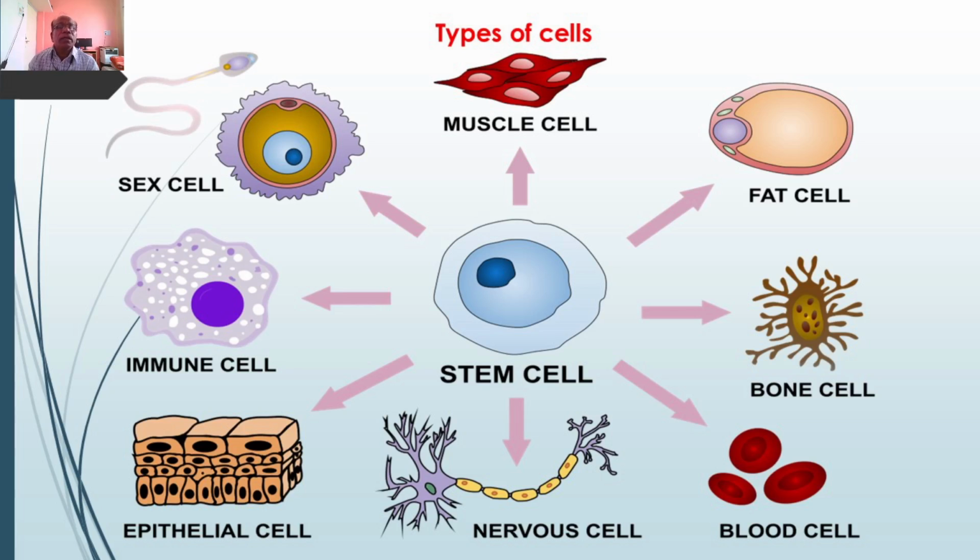Bone cells form the structural unit of the endoskeleton. The bones present in the body of vertebrates represent the endoskeleton, providing mechanical support to the body, and are derived from the bone cells.